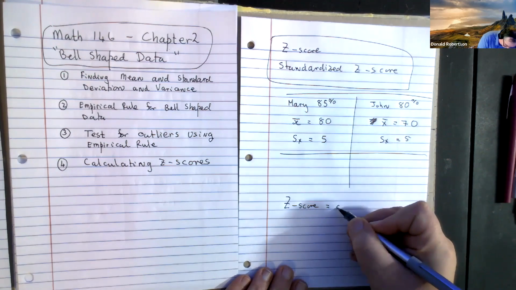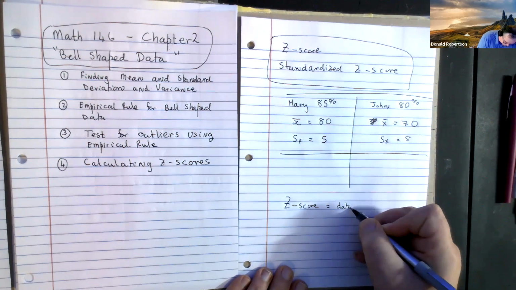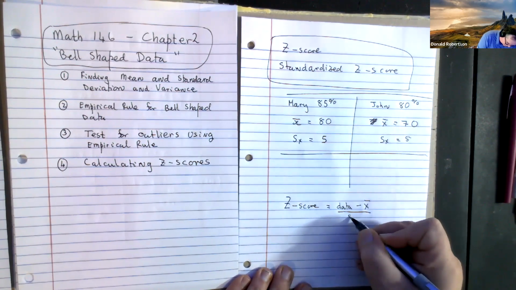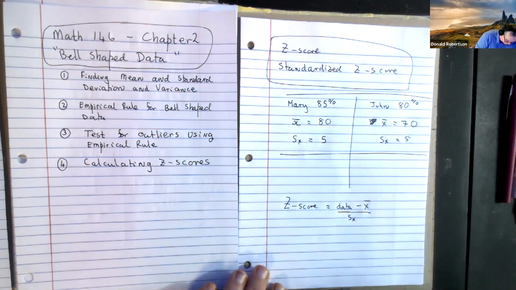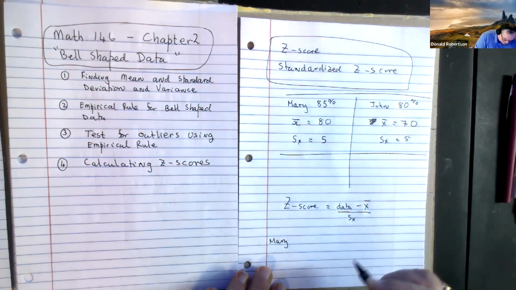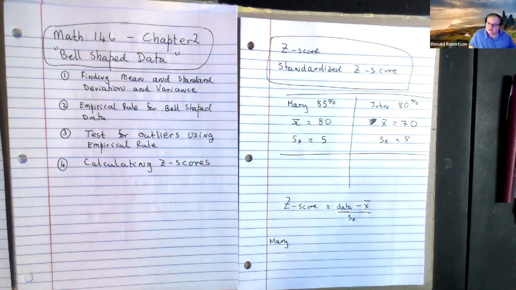The Z-score is the data, that's what you got, take away the mean, divided by the standard deviation. So let's see what the two Z-scores are. Whoever gets the larger Z-score actually did best.